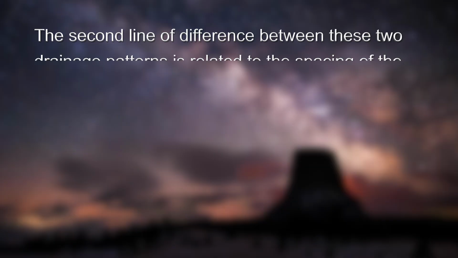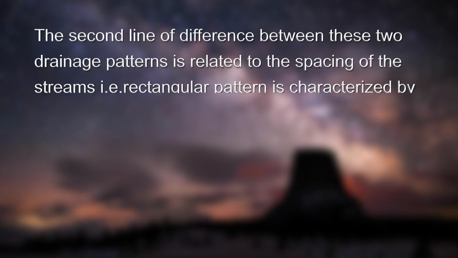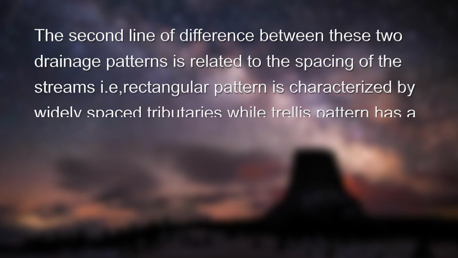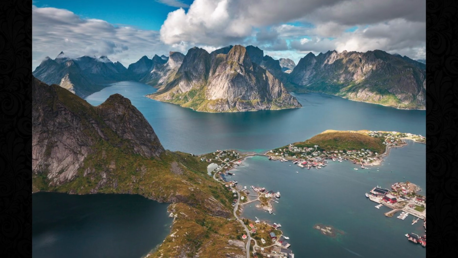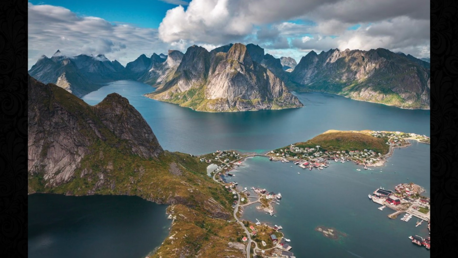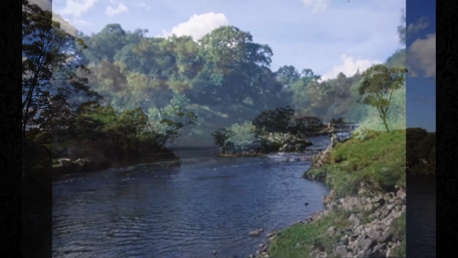The second difference between these two drainage patterns is related to the spacing of streams. That is, rectangular pattern is characterized by widely spaced tributaries, while the trellis pattern has a dense network of closely spaced tributaries. The typical examples of this type of drainage pattern may be found on the coasts of Norway, Denmark and Scotland.